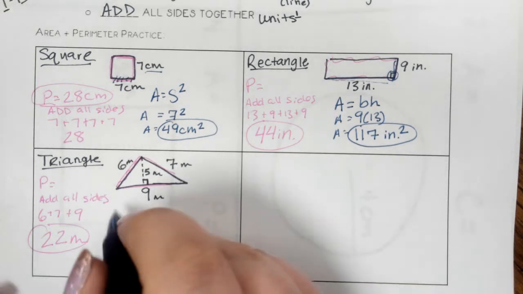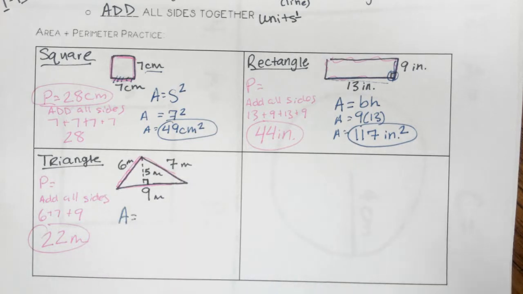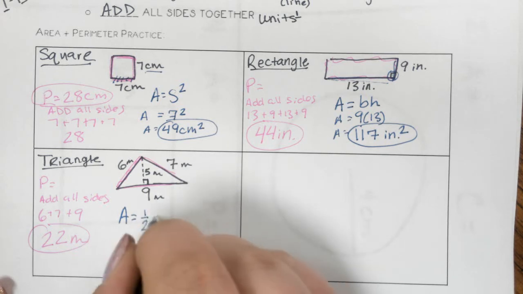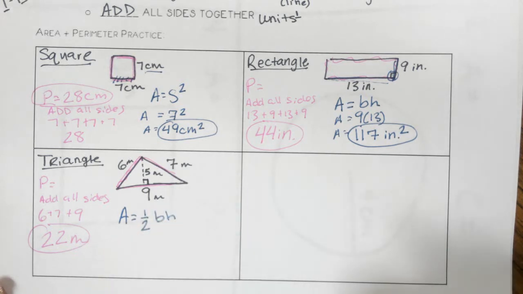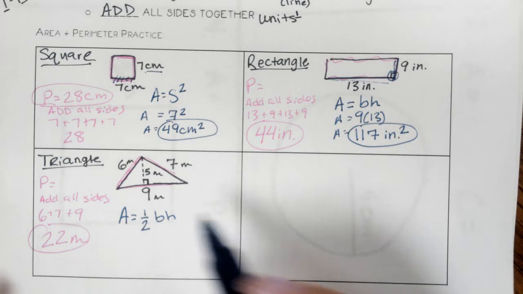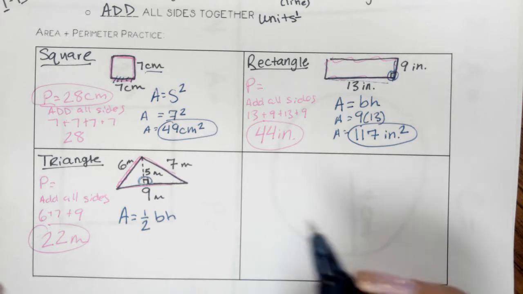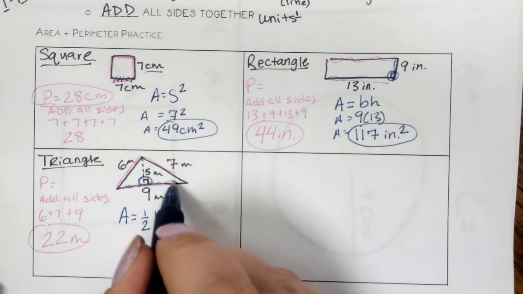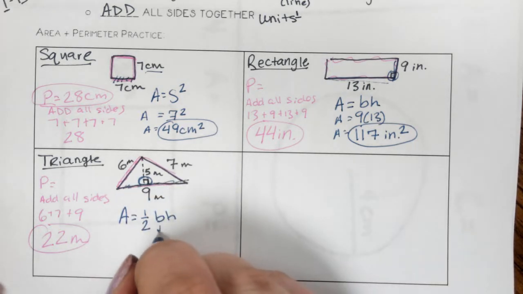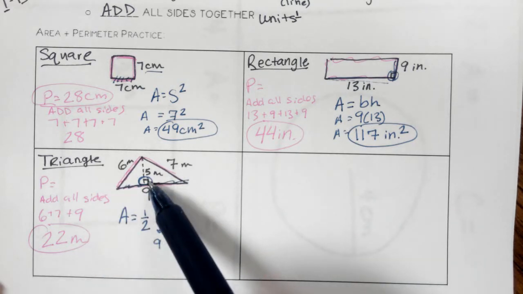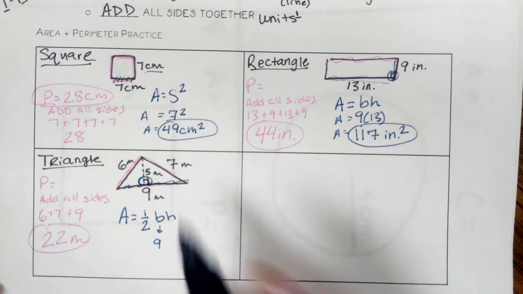To find the area of a triangle, look at your formula charts. You see that the area of a triangle is half times the base times the height. Remember, base and height are any two numbers that make a 90-degree angle. Here's the 90-degree angle, so if I pick 9 as the base, then the side that makes a 90-degree angle with 9 is the height, which is 5.